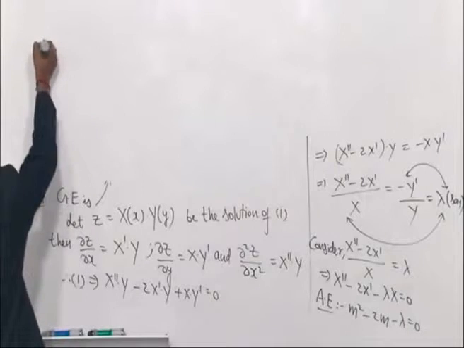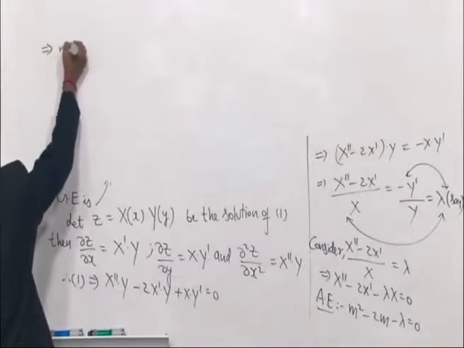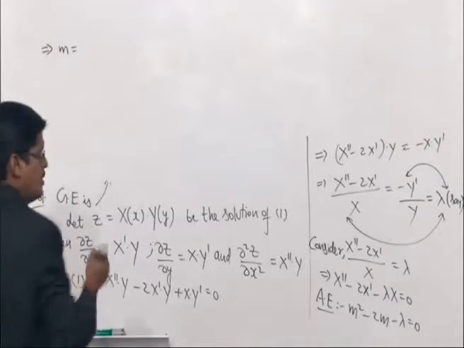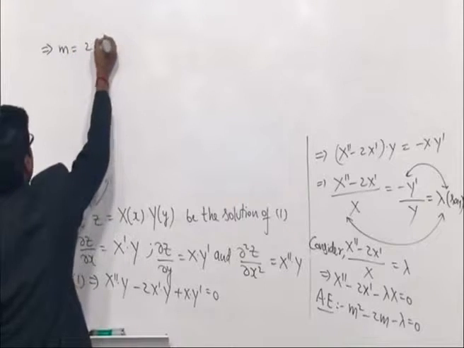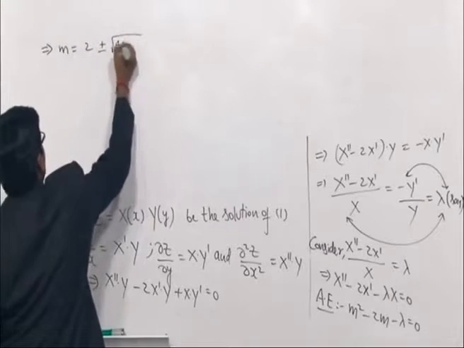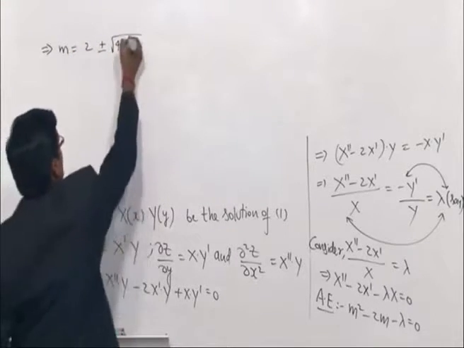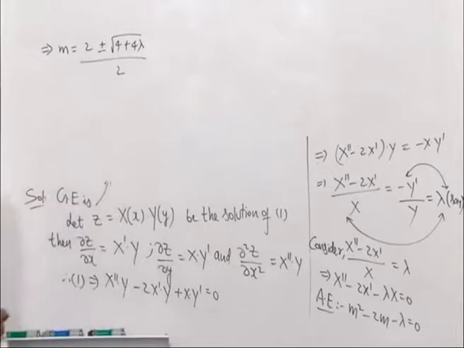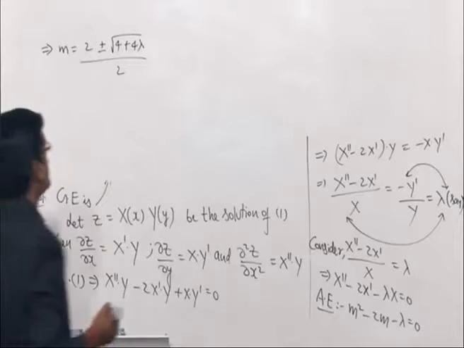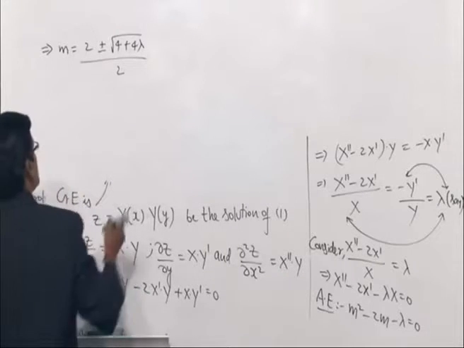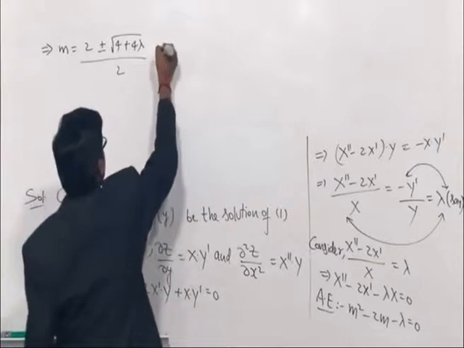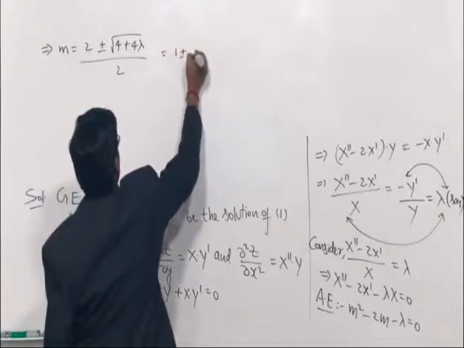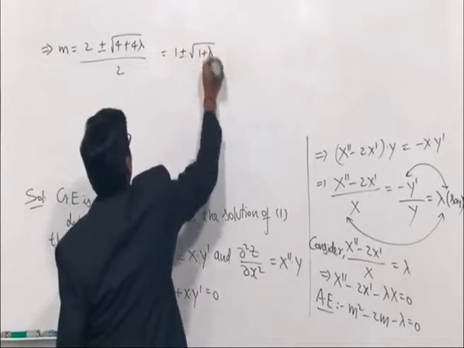Using the quadratic formula, m is equal to minus b, that is plus 2, plus or minus the square root of b square, that is 4, minus 4ac, that is plus 4 lambda, divided by 2a, that is 2. So 4 is common in the square root. After taking it out, 2 cancels in all the terms, and it can be written as 1 plus or minus root over 1 plus lambda.